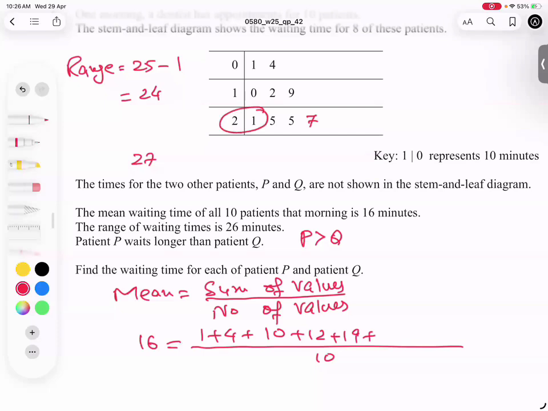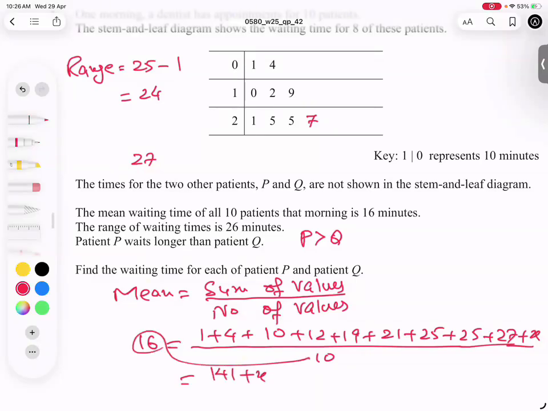And how do you consider this one? 21 plus 25 plus 25 plus 27 and plus x, because one value is missing. I'm not sure which one. So now if I add all the values, check it: 5, 4 plus 1, 5, plus 10, plus 12, plus 19, plus 21, plus 25, plus 25, plus 27. I'm getting here 141 plus x.